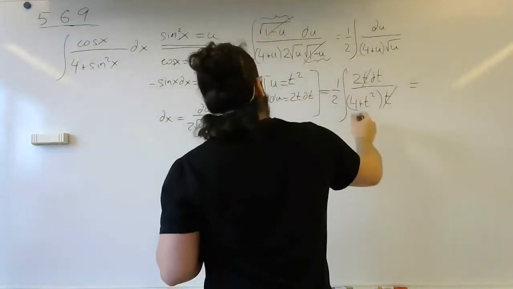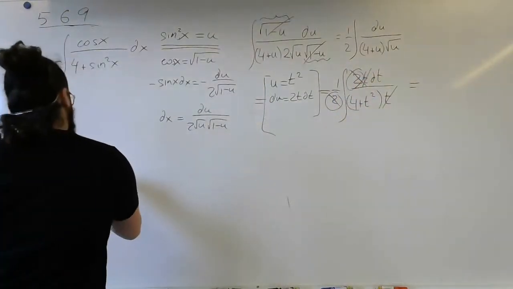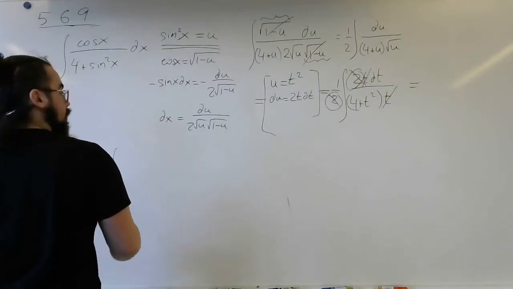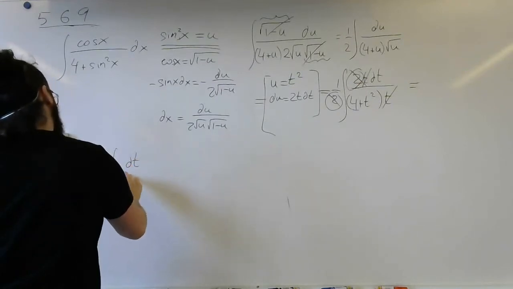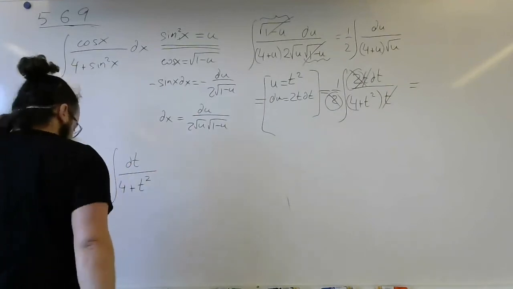So this thing right here, look that these two and these two also cancel out. And this is the integral of differential of t divided by 4 plus t squared.